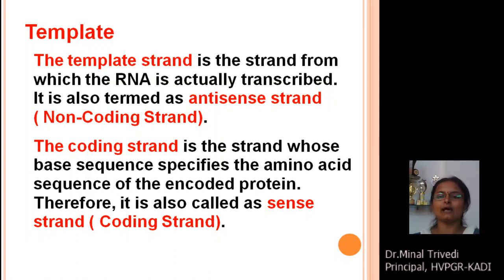It is also known as the antisense strand. Whereas the strand which is complementary to the template strand is known as the coding strand, and this is the strand whose base sequence specifies the amino acid sequence of the encoded protein. So this strand is also known as the sense strand as well as the coding strand.